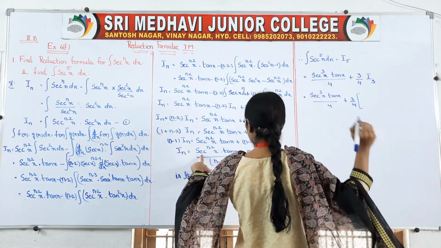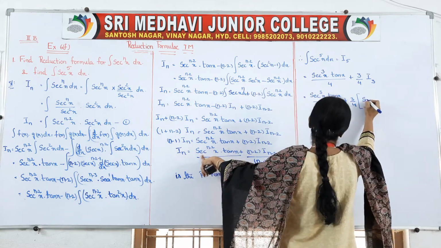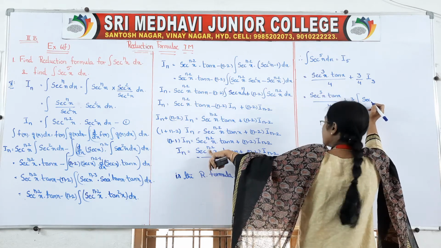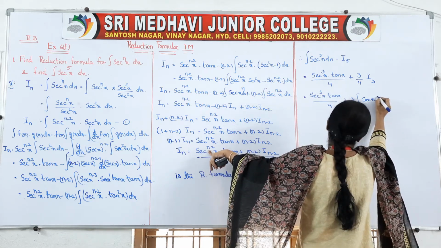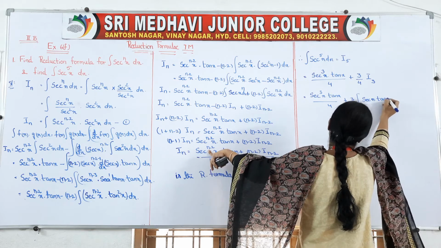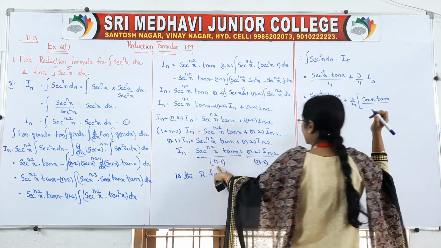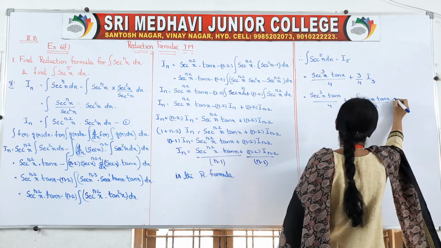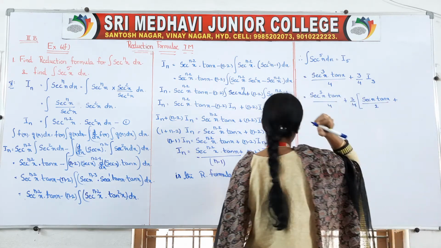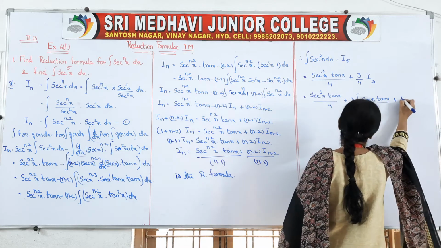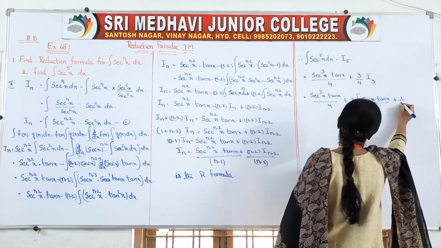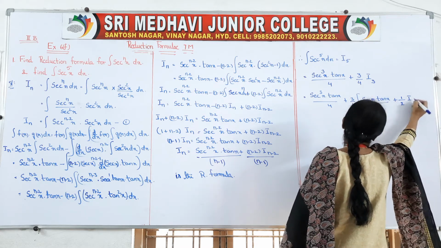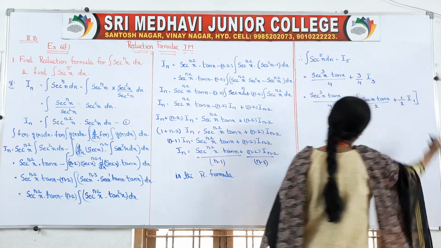I3 means in this formula, wherever n is there we take 3 now. 3 minus 2 means 1, secant x into tan x, divided by n minus 1, 3 minus 1 means 2, plus n minus 2, 3 minus 2, 1 by n minus 1, 3 minus 1, 2, into I of n minus 2, 3 minus 2 is I1.